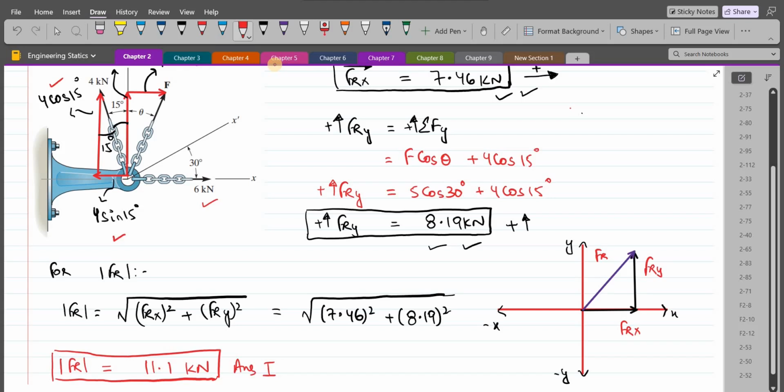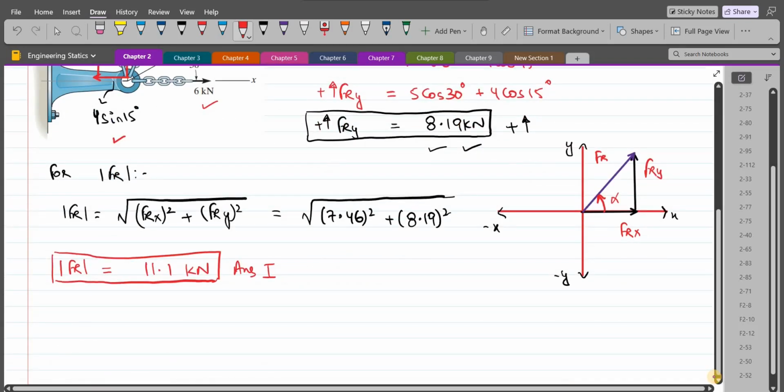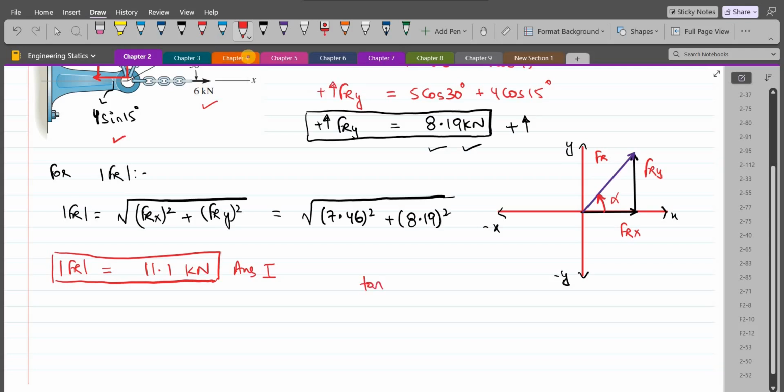And since we have to measure it counterclockwise from the positive x-axis, let's call this angle alpha. So we have to find the angle alpha. We can use the trigonometric ratio of tan. So tan alpha is equal to opposite, which is FRy, over the adjacent, which is FRx, and we just have to use their magnitudes. So tan alpha is equal to 8.19 divided by 7.46.